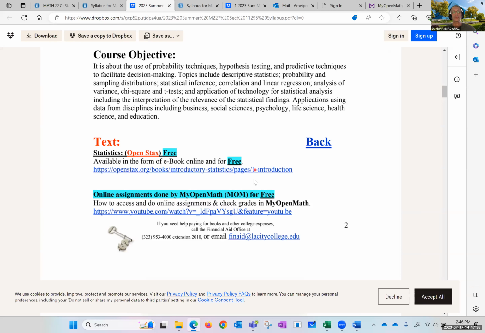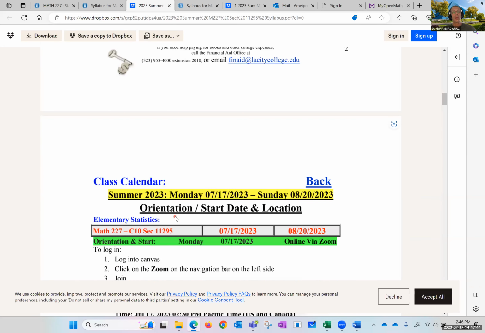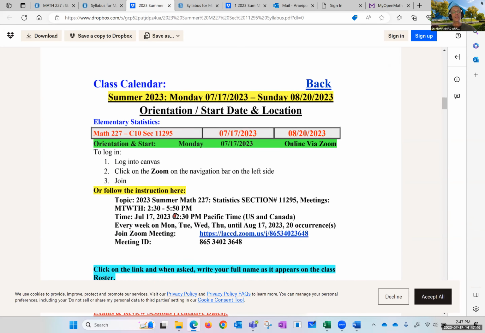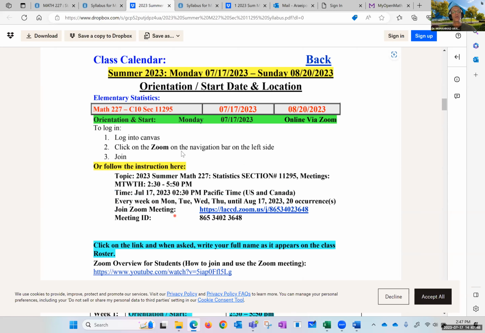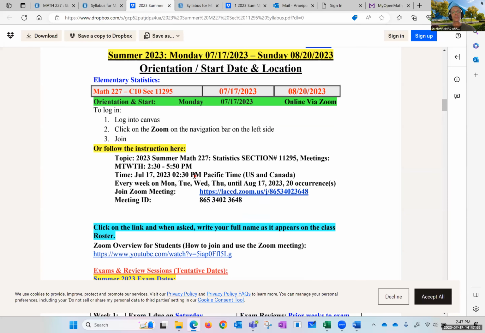And then we have the calendar again, and it shows how to get to the class through the Zoom on the homepage or through the Zoom of the Canvas, or use this meeting link.